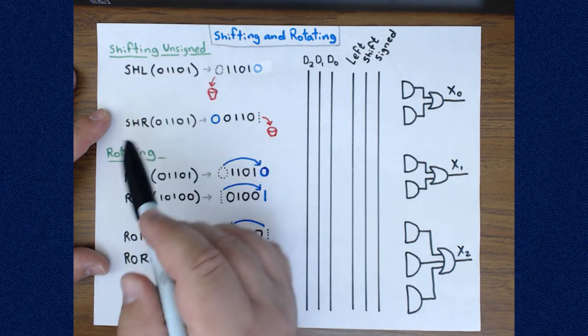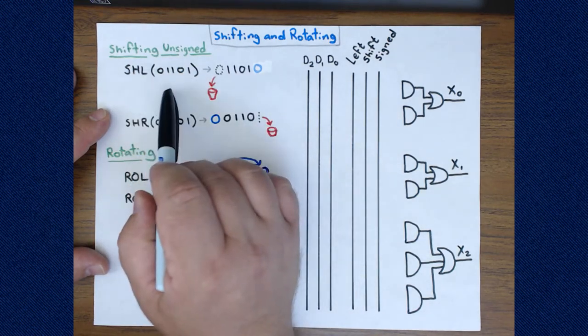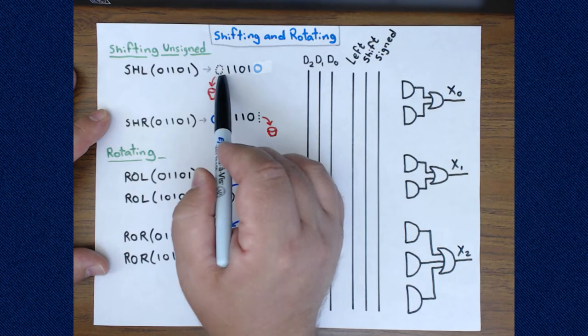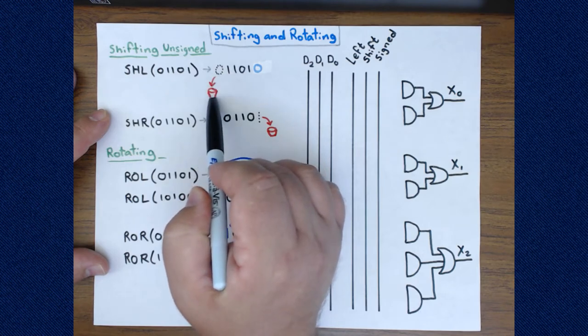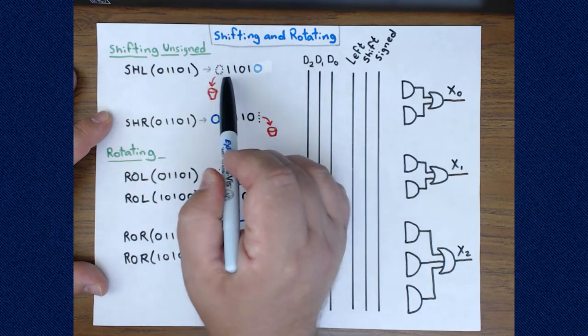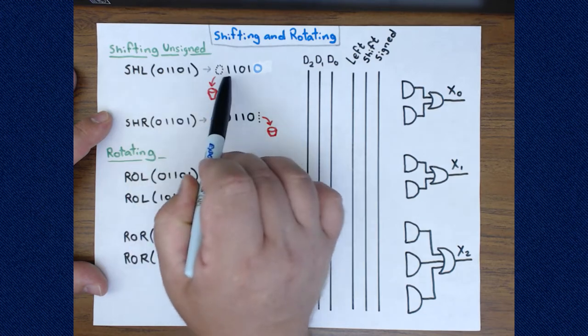If we shift that to the left, and we're going to treat this as a single bit shift, the leftmost position is going to fall off, that 0 falls off into the bit bucket, so it's lost forever, and all the other bits slide over 1 position so that this 1 in the original number, second from highest bit, becomes the new highest bit in the result.